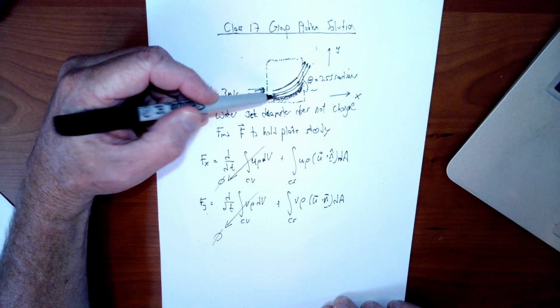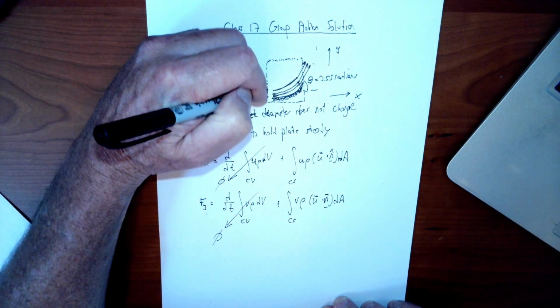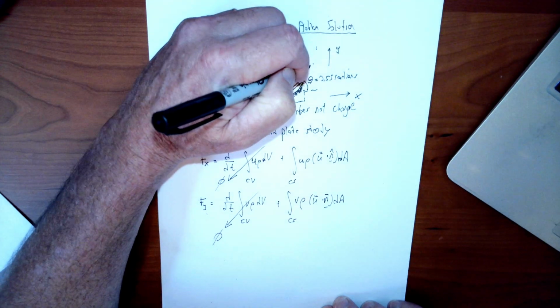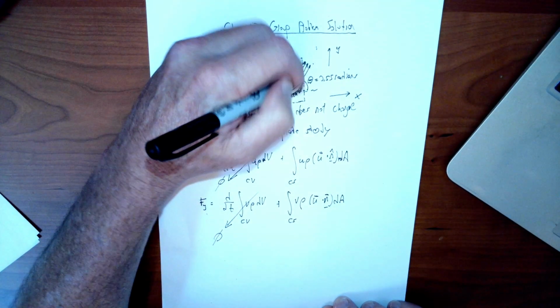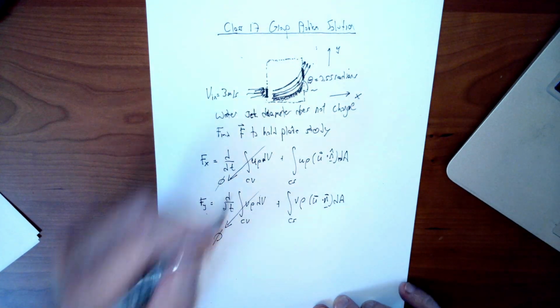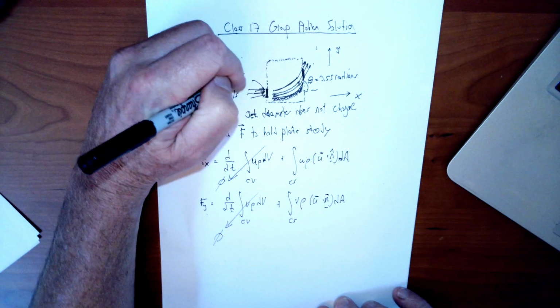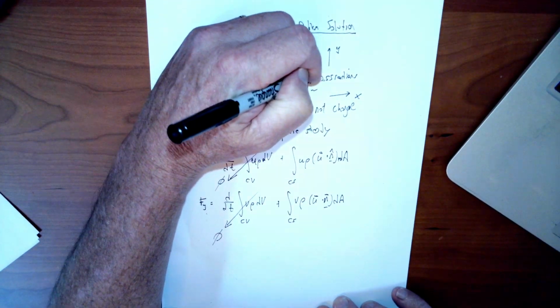No water's passing through that. The only places the water's passing are an inlet, in this region right here, and an outlet, in this region right here. Those are the two regions that have flow going through the control volume surface. So I'll call this the inlet, and this, of course, will be the outlet.